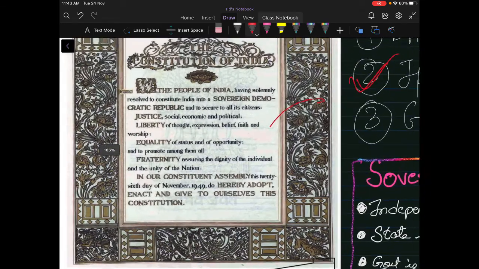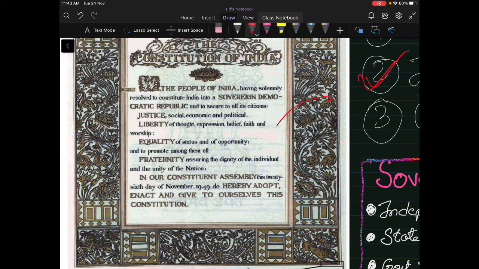For example, look over here, the ideas like sovereign, democracy, justice, republic, liberty, equality, fraternity. I will be explaining all this afterwards, but these are all the values that are inside the constitution and have been defined in the preamble.